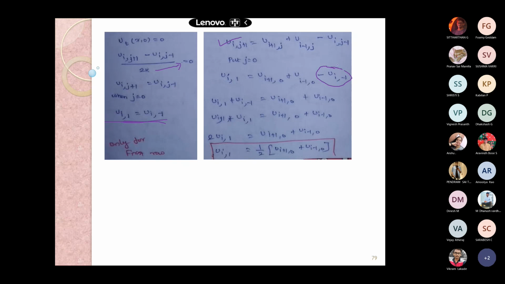Instead of this term I can apply u of i comma 1. So I am getting 2 u of i comma 1, which is equivalent to u of i plus 1 comma 0 and u of i minus 1 comma 0. So for finding the unknown in the first row, based on the left and right points and the average of the left and right points, I can find the answers in the first row.